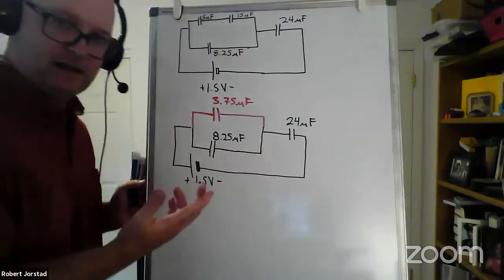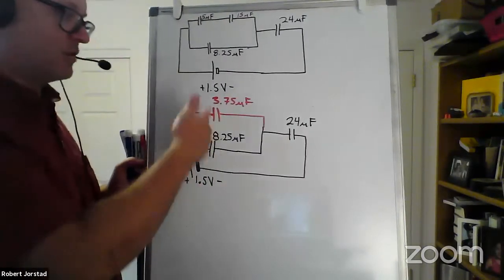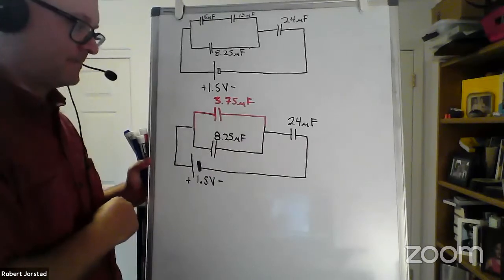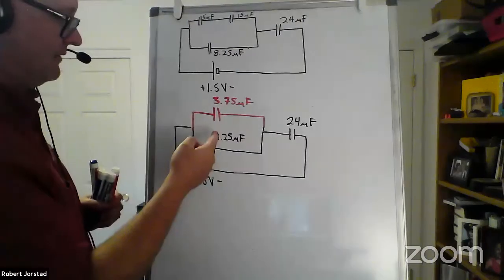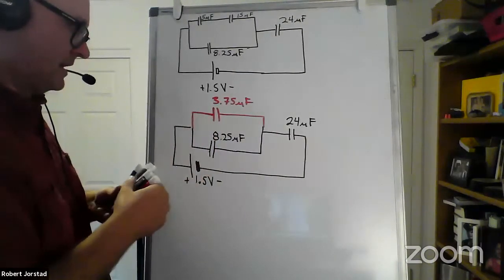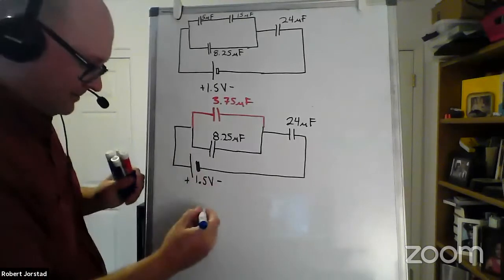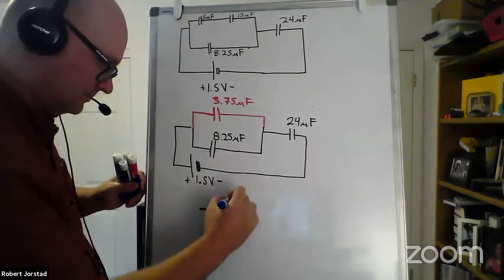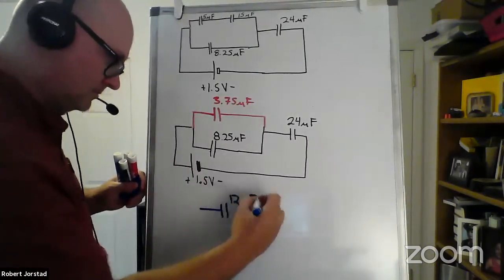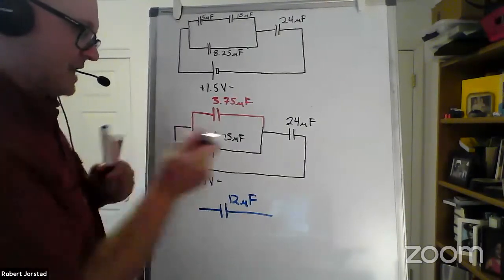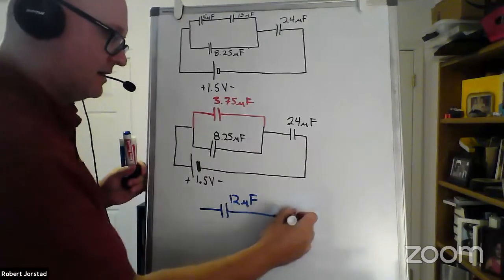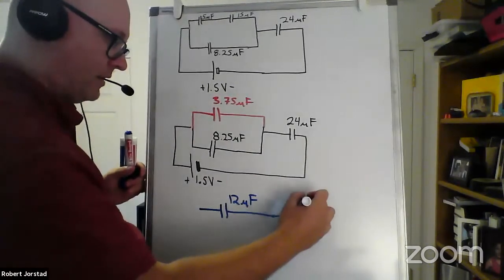So in parallel, what do you do to get the equivalent capacitance? You just add them. And so what is that? Is that going to be 12? I think it is, right? So in this case, now I have 12 microfarads from combining those. I still have the same branch here, 24.